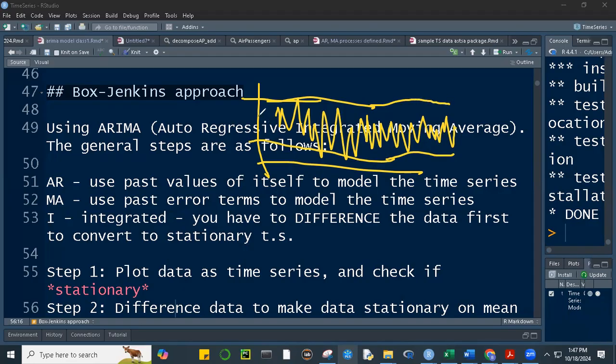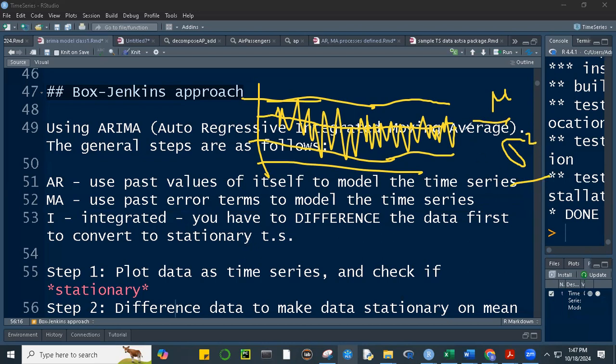Why? Because the mean is constant across time, and also the variance is constant. So these are two characteristics of a stationary time series: constant mean, constant variance.